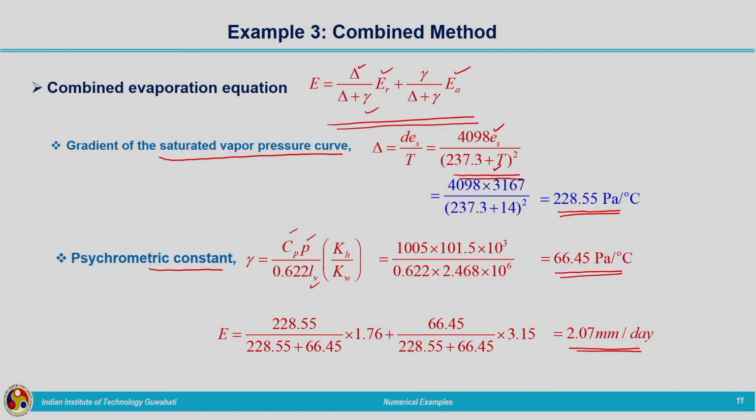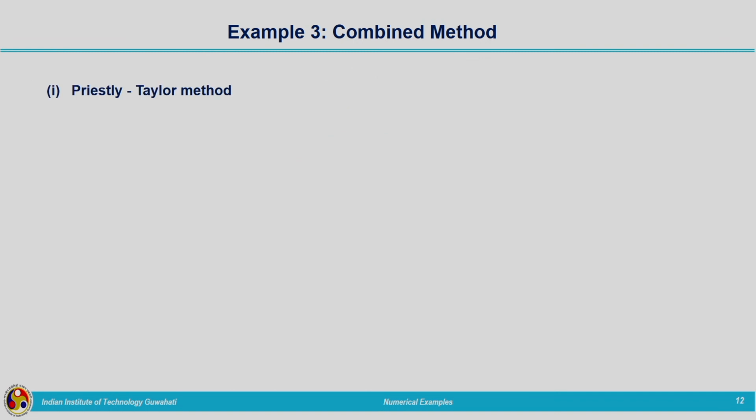Now, let us move on to the second part, that is by using the Priestley-Taylor approach. The evaporation can be calculated by using the Priestley-Taylor method using this equation. Here in this alpha they have introduced 1.3, that is, 100% of the evaporation due to net radiation and 30% of that due to the aerodynamic approach.